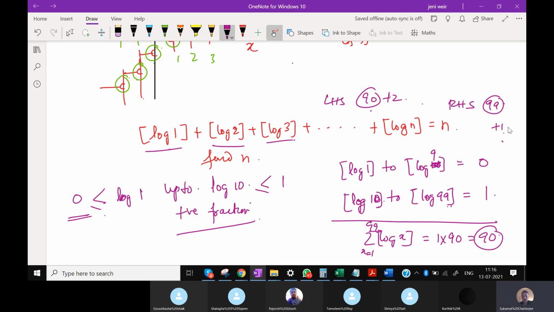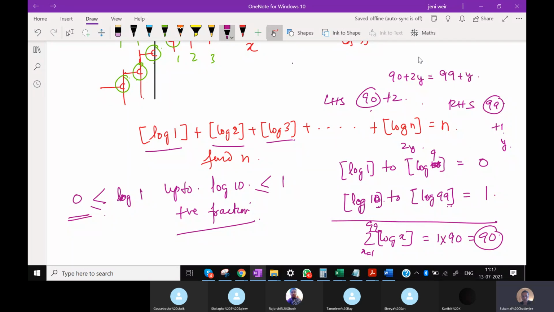Let's say this needs to increase by an amount of y. So for each y, the left-hand side will increase by 2y. So that means 90 plus 2y will match 99 plus y.